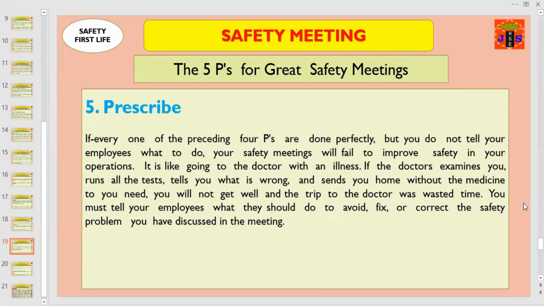Dear friends and colleagues, if every one of the preceding 4 P's are done perfectly, but you don't tell your employees what to do, your safety meeting will fail to improve safety in your operation, at your project, in your organization. It is like going to the doctor with an illness or injury.